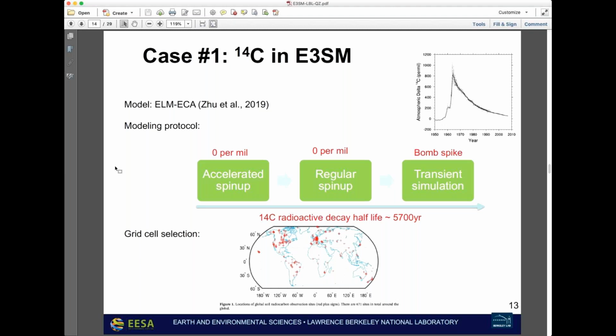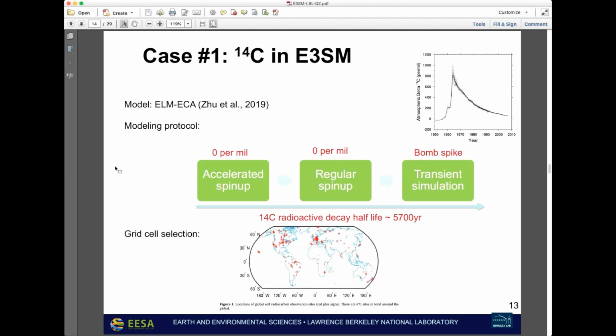So this is a very quick overview of the modeling approach. We have 0 per mil atmosphere, because that's before the bomb spike, during accelerated spin-up and also regular spin-up. And the 14C always does radioactive decay, and the half-life is about 5,700 years during the spin-up.